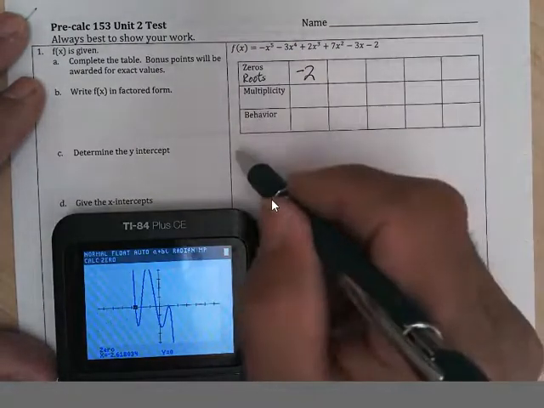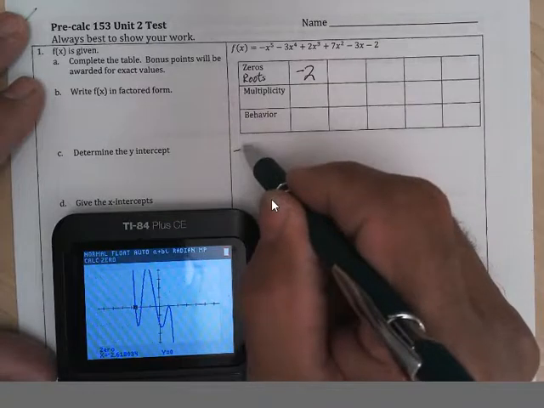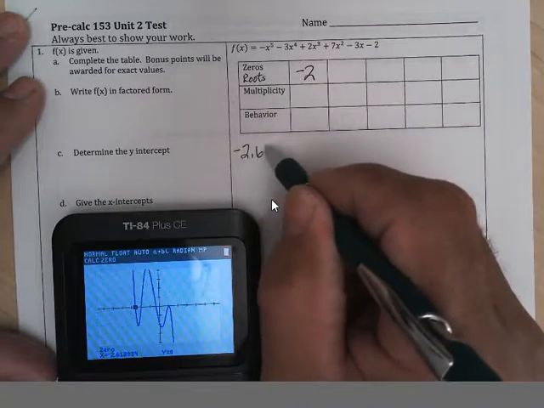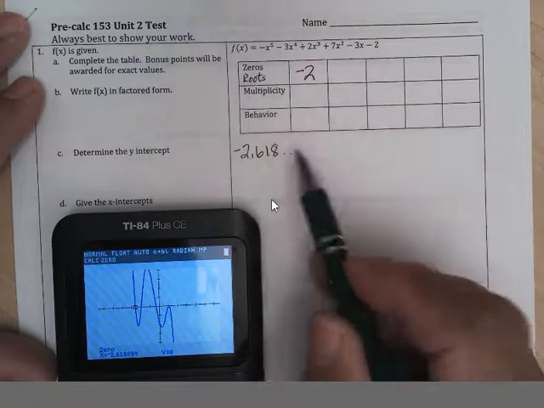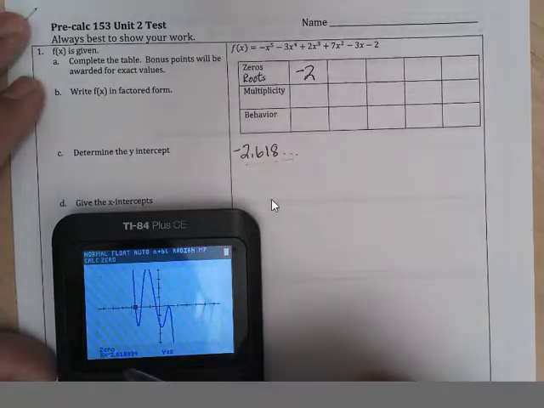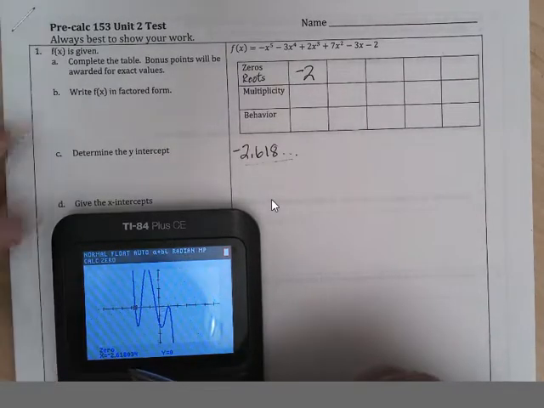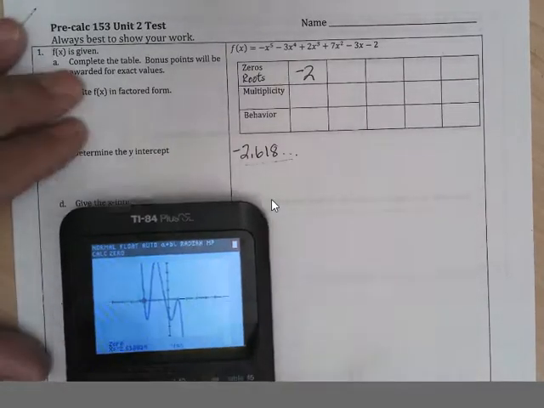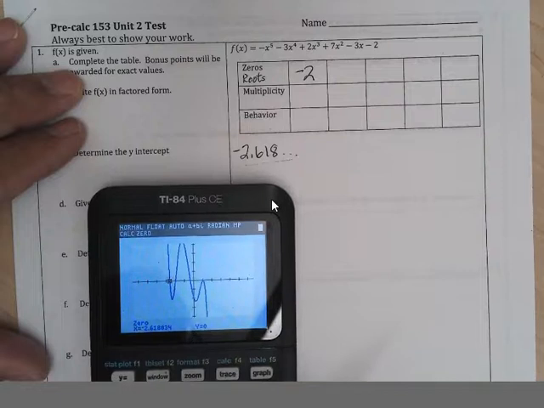I'm going to just write this down on the side here. It doesn't look like it's repeating, which it would have to be for a fraction. So I don't think that's a fraction.